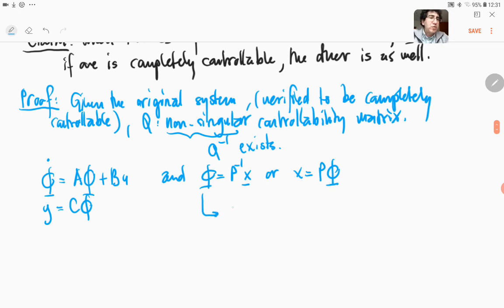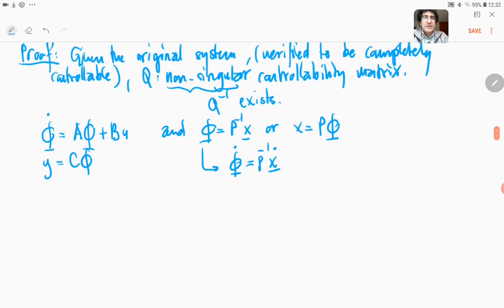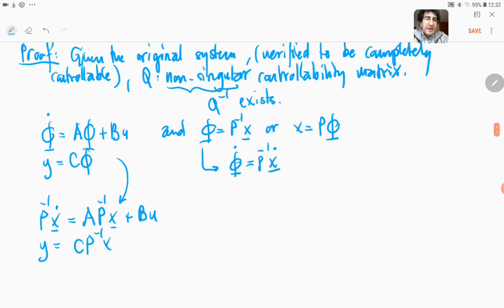Also from this, because P is a constant matrix, phi dot equals P to the power minus 1 x dot. So the system equations become phi dot is equal to P to the power minus 1 x dot equals A times P minus 1 x, because phi is P minus 1 x, plus Bu, and also we have y is equal to C P minus 1 x.